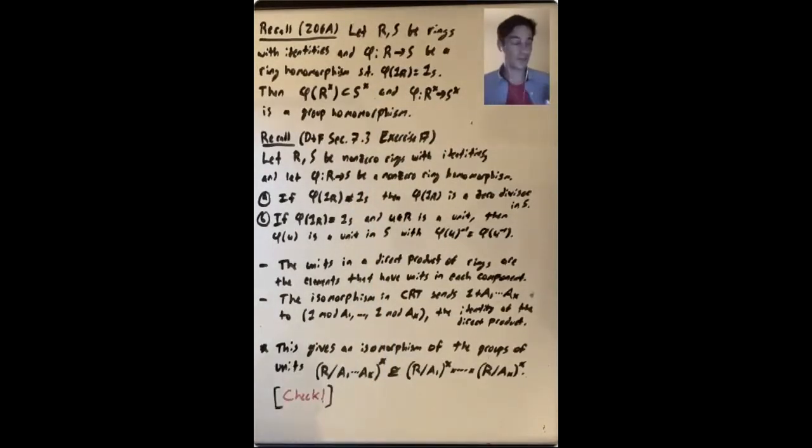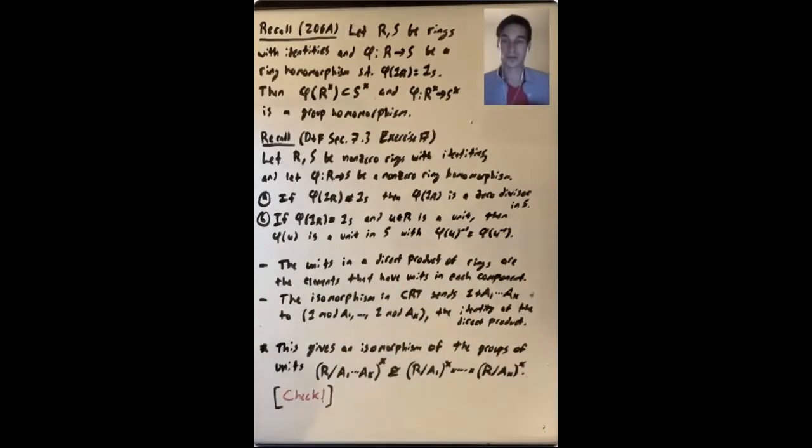It is not difficult at all to see that the units in a direct product of rings are the elements that have units in each component. You can check that that's true, but it's pretty straightforward, because the multiplication operation in this direct product of rings is component-wise.